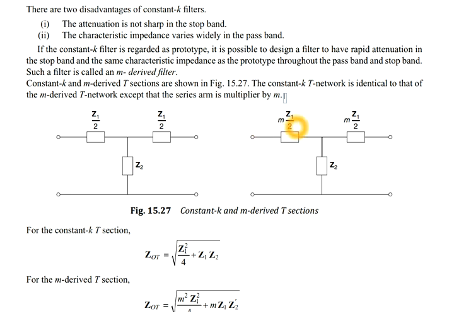Fine, so that can be seen here. In the constant K filter, the series arm impedances are Z1 by 2, Z1 by 2, and the m-derived filter will have Z1 by 2 into m, which is also the same on both sides because they are symmetrical T networks. Fine, and there is no change in the shunt arm impedance, that is Z2. Z2 is the same.